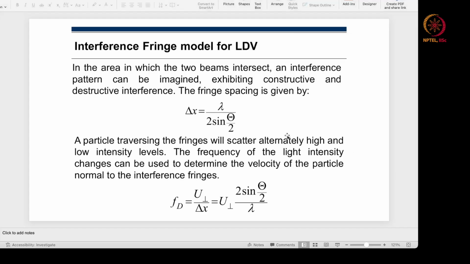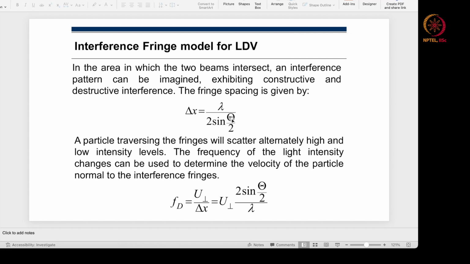So coming back, you have gathered that in the case of LDV, the two beams intersect and you get an interference pattern, which exhibits constructive and destructive interference, and the fringe spacing is given by this, where theta is the included angle between the two beams.